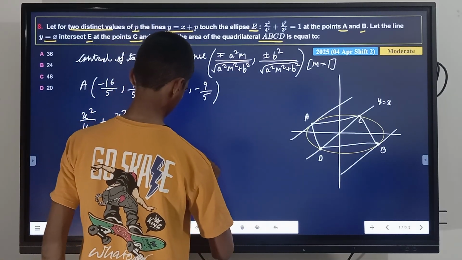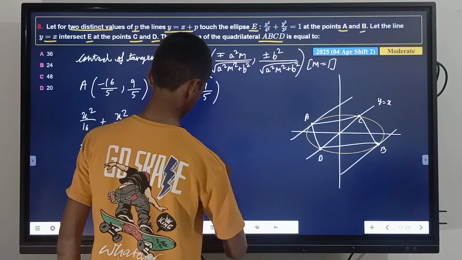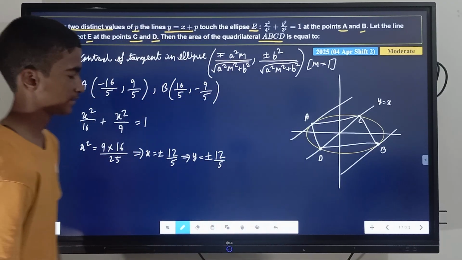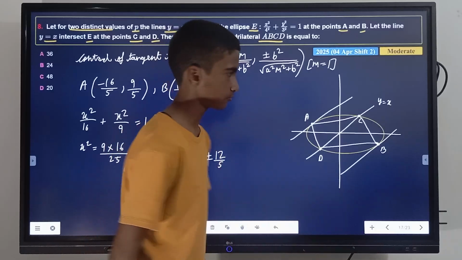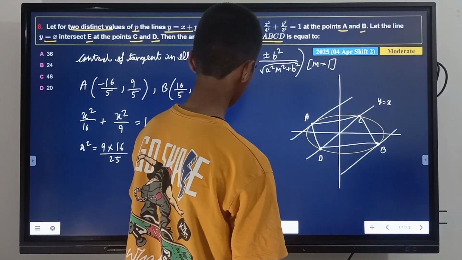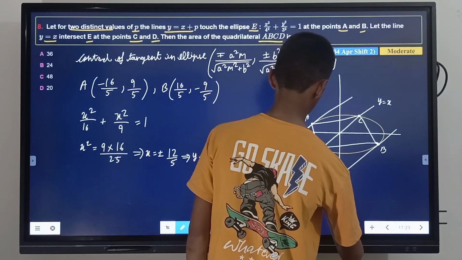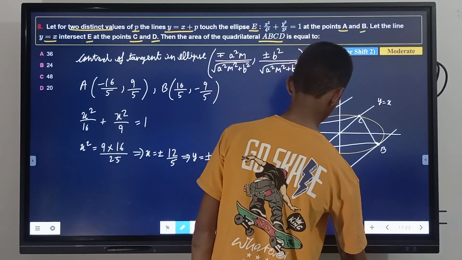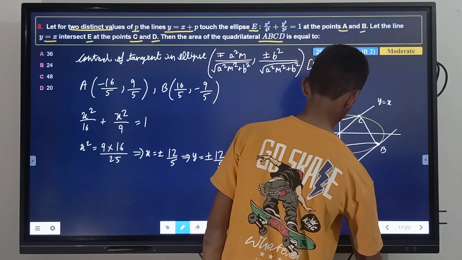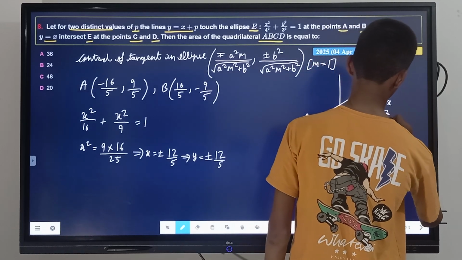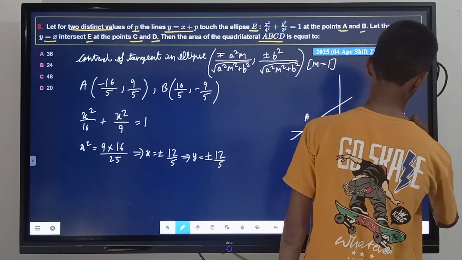From here, our y will also be equal to plus minus 12 upon 5 because we are finding the intersection from y is equal to x. So our D will be, because it's in the fourth quadrant, 12 by 5, minus 12 by 5. C will be 12 by 5, 12 by 5.